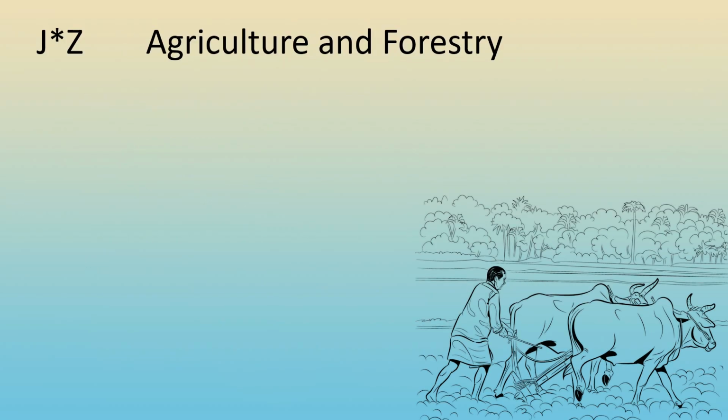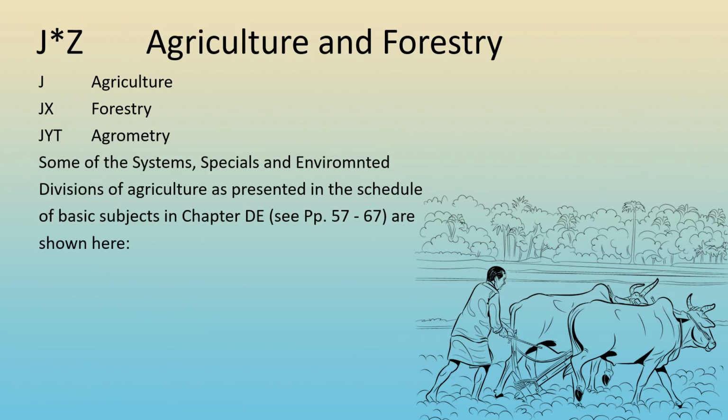Next, the agglomerate of agriculture and forestry denoted by capital J star capital Z, which include agriculture, forestry, agronomy. Some of the systems, specials and environmental divisions of agriculture as presented in the schedule of basic subjects in chapter D are shown here.